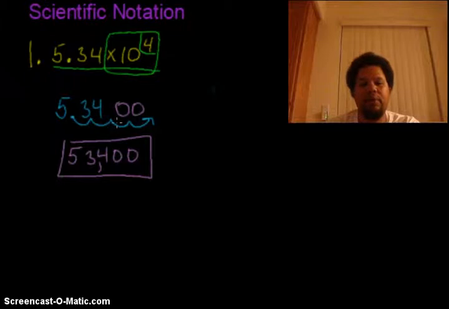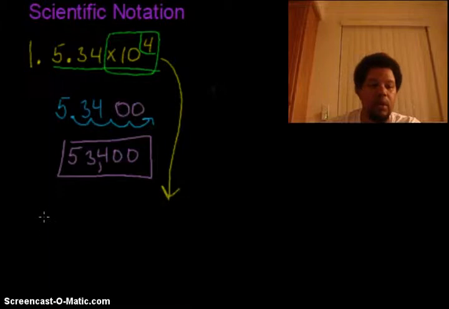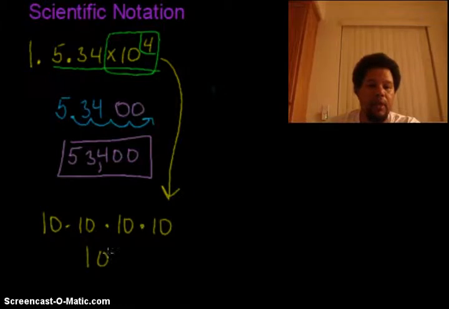Some may ask, why did we move the decimal point? And some won't. But just in case, this 10 to the fourth, if you recall, means 10 times 10 times 10 times 10, or 10,000. So in essence, what we're doing is taking this 10,000 and multiplying it times this number 5.34.